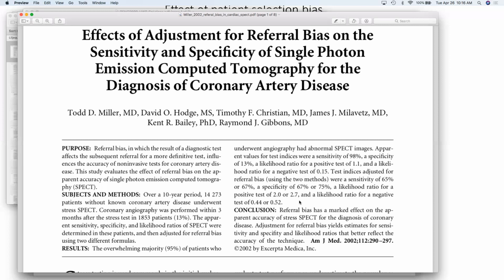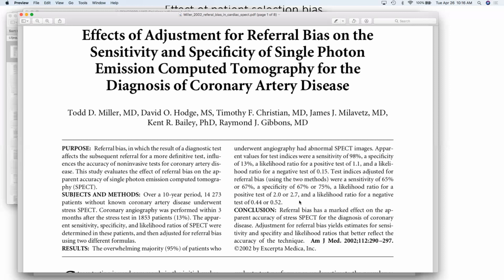Is the formula that they're using here a rational way to do this? And does it give the correct number? After this adjustment, it's like 65% sensitivity and somewhere around 70% specificity, which is actually the number that you get when you do this study right.